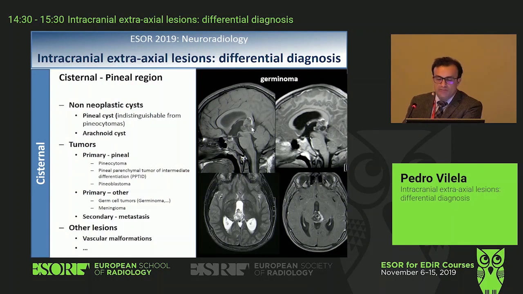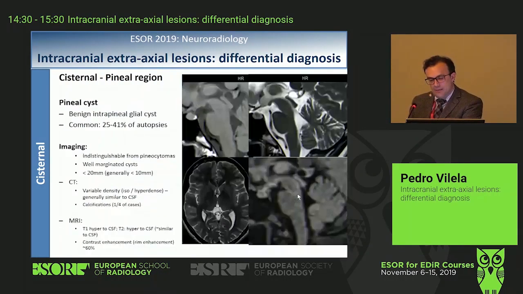Other lesions, what we have here, the vein of Galen passing here with the internal cerebral veins. We may have vascular malformation in this area.